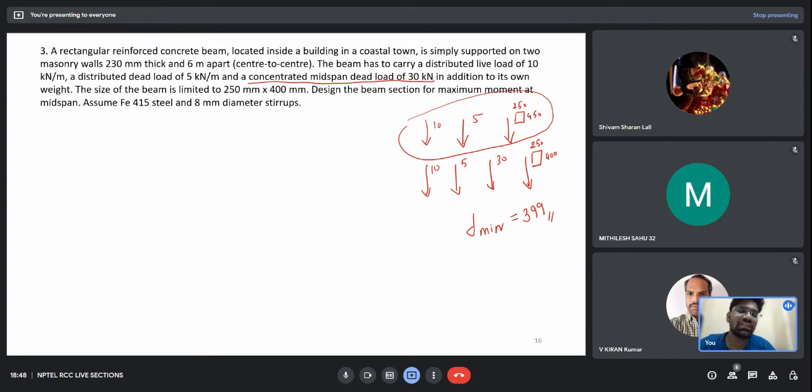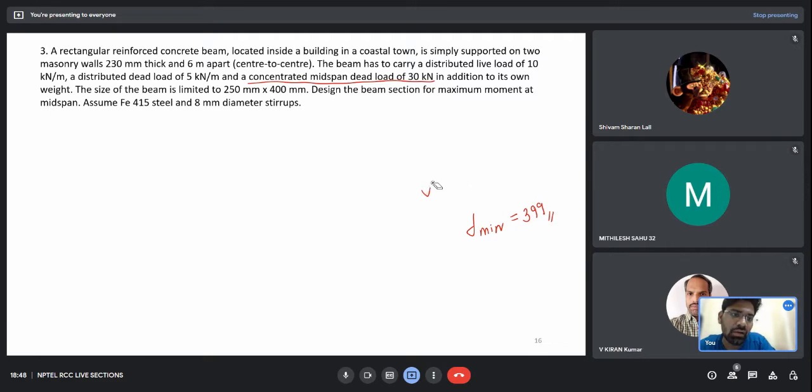So by comparing these two problems, I am pretty sure that we will have to design a doubly reinforced beam. Don't worry, I am only trying to help you visualize, but there are specific methods by which you will be able to know by calculation itself that this beam has to be designed as doubly and cannot be designed as singly. I will show you how to do that in further slides.